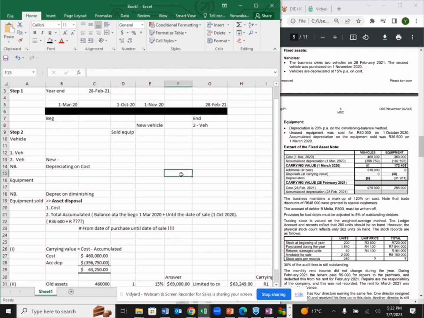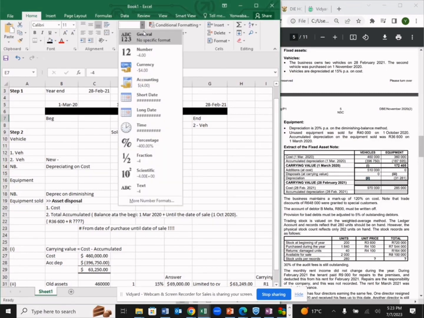So now we need to be interested in how many months this vehicle stayed in this company. Purchased on the 1st of November: November, December, January, February. 4 months.